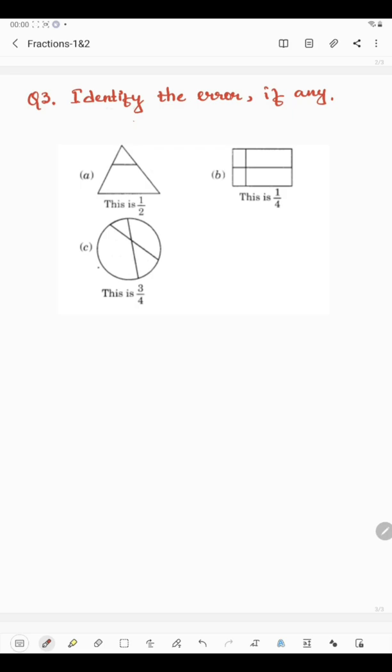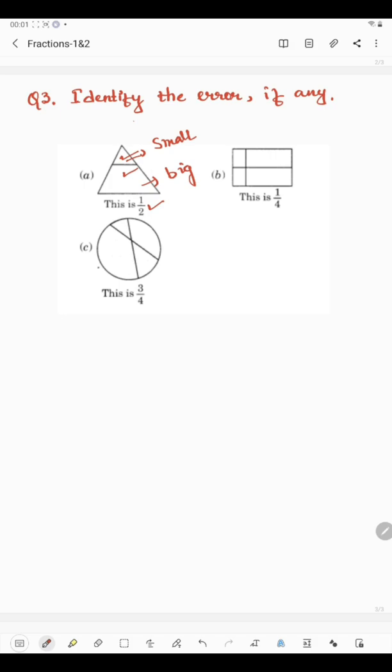We know that these two parts are not equal, this part is small and this part is big. We know that only if the figure is divided into equal halves can we write it like this, right? So this is not showing 1 by 2, so it's wrong.